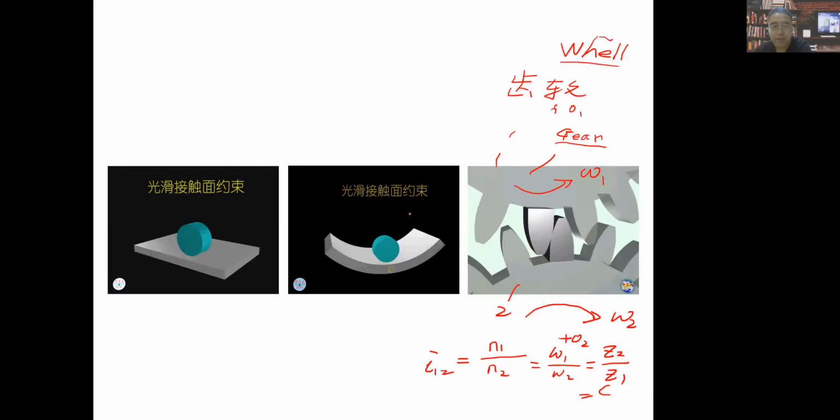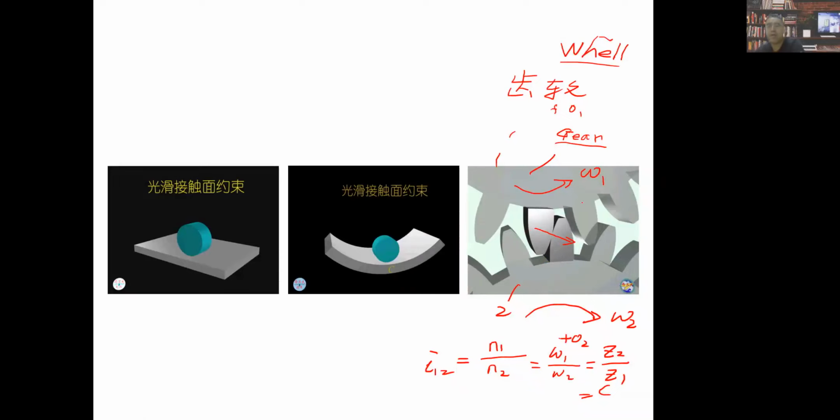But here we just talk about the so-called smooth contact plane constraint. Actually, this active tooth will give a force to this slave tooth along this direction, right? Actually, this slave tooth also has a reaction force on this one, from the action and reaction point of view.